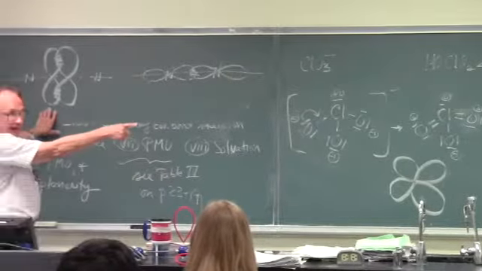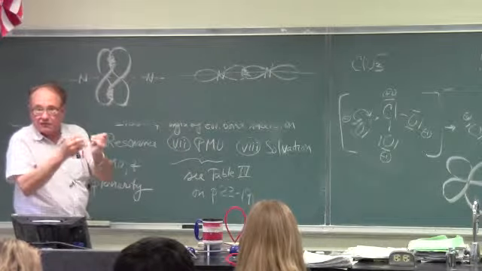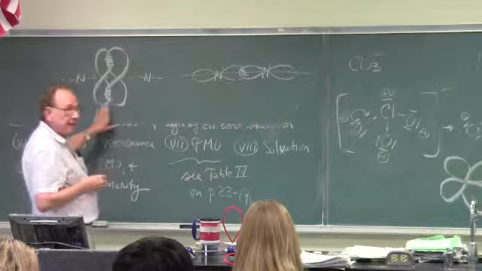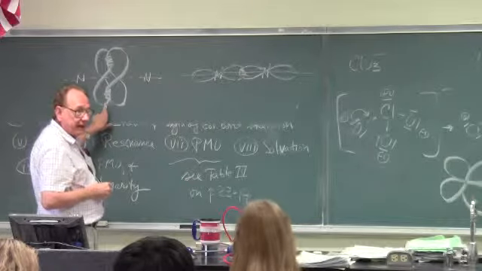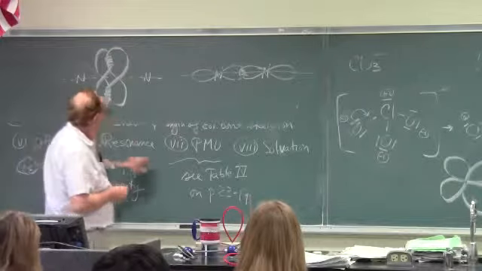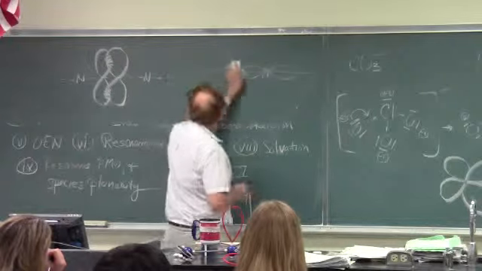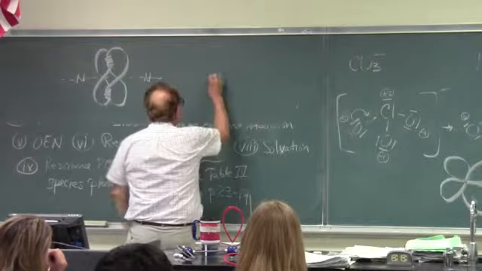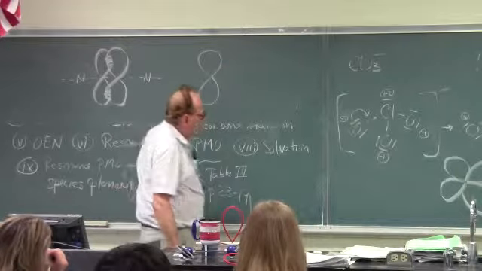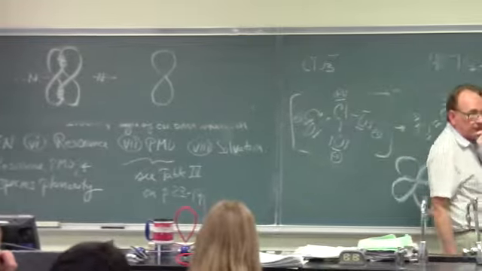for the pi bonds in the nitrate ion, since nitrogen and oxygen are very close to each other in size, I can expect an orbital overlap diagram for the pi bonds in nitrate ion to look like this. Now, there's the p orbital on an oxygen atom for chlorate ion.